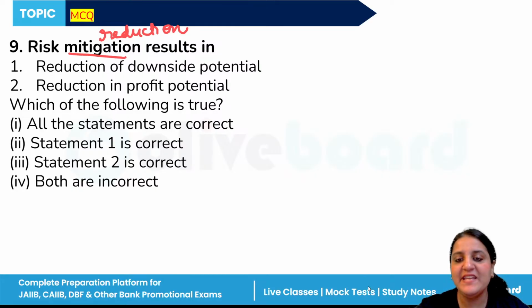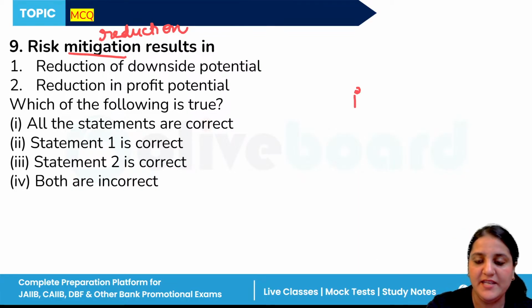So buying an insurance policy on inventory protects against any type of loss, that reduces the downside. But if prices rise dramatically, insurance may cap the profit, it reduces upside. So all of the statements are again correct here.